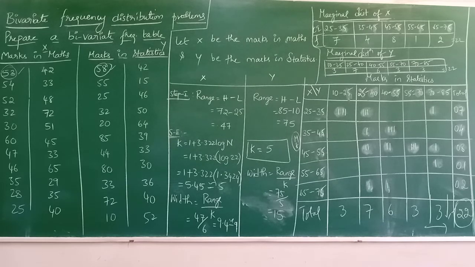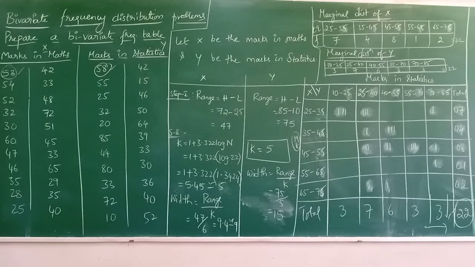And one more thing: the lower limit of the class interval must always be a multiple of 5. So with all these conditions, we are framing a continuous bivariate frequency distribution table.